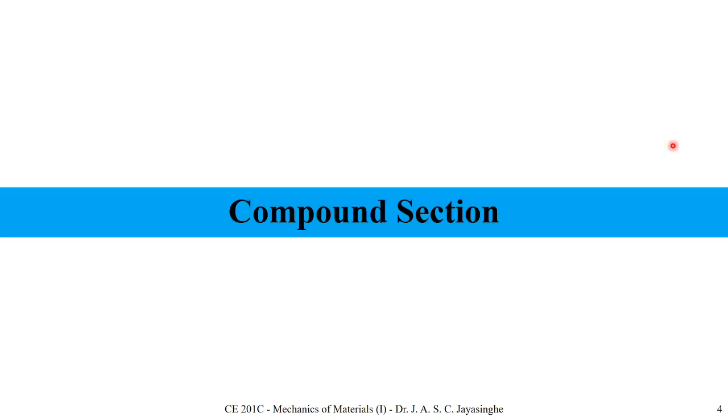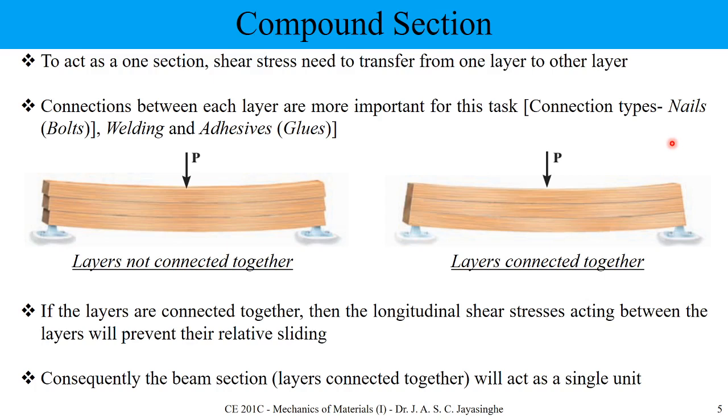Okay, so now we can jump to the composite section. So when you come to the composite, I already explained, to act as one section, shear stress needs to transfer from layer to layer. So think about these two arrangements. This is without shear connector, and this is with shear connector.